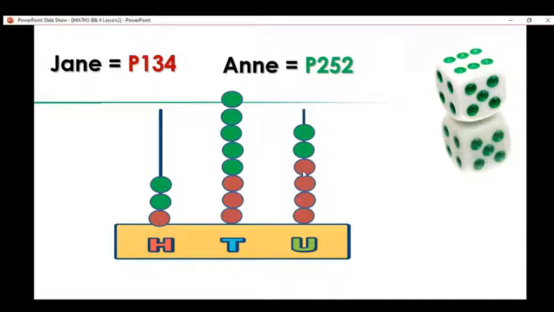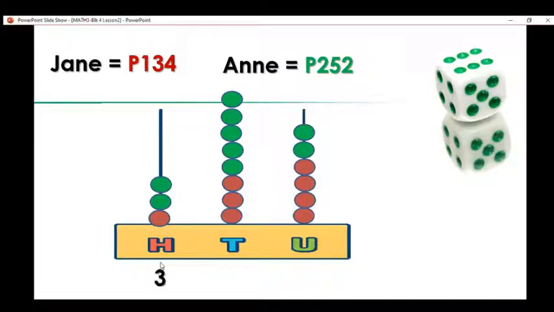As you observe, we are done adding our two numbers using an abacus drawing. So we'll count all of them in each place value to know the sum of our two numbers. We'll count here 1, 2, 3.